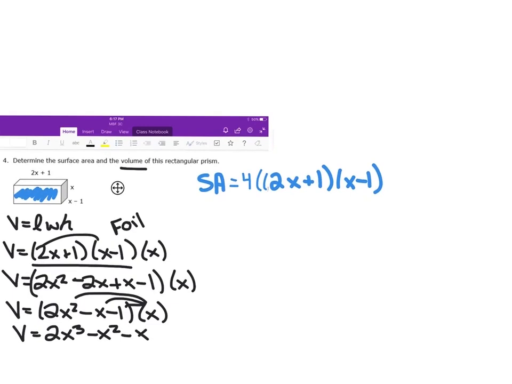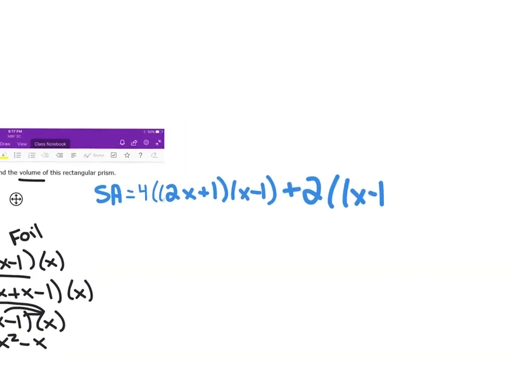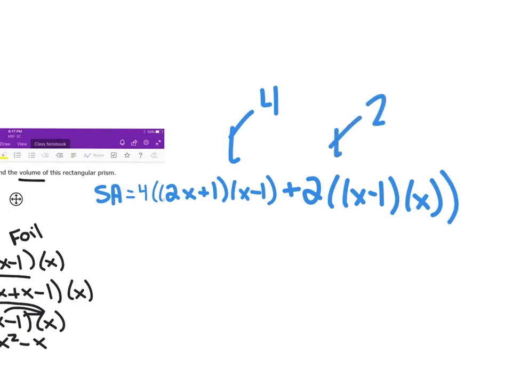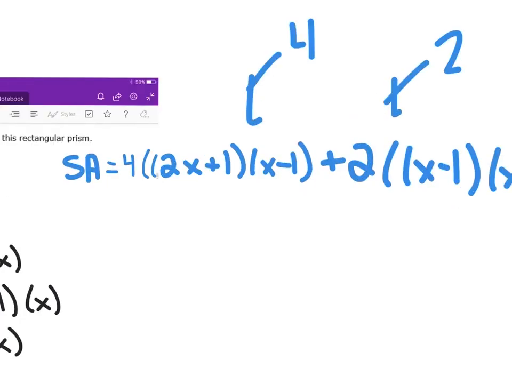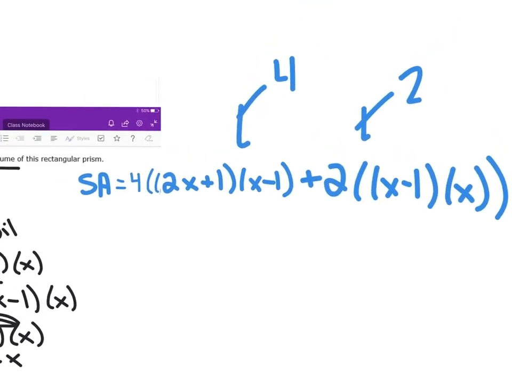And then we would add that to the 2 sides of the x minus 1 times x. Okay? So this represents the 4 sides, this represents the 2 sides. And you could even break it down further if you want to, whatever makes sense for you.